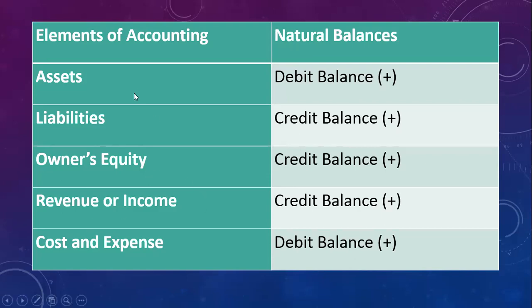Pag ang asset ay nag-increase, automatic, ilalagay niyo siya sa debit. Okay? So, plus sign yan. Pag yan ay mga nag-increase, ilalagay niyo kung saan siya mag-fall. So, pag ang asset nga daw po ay nag-increase, dapat po, ilalagay niyo siya sa debit.